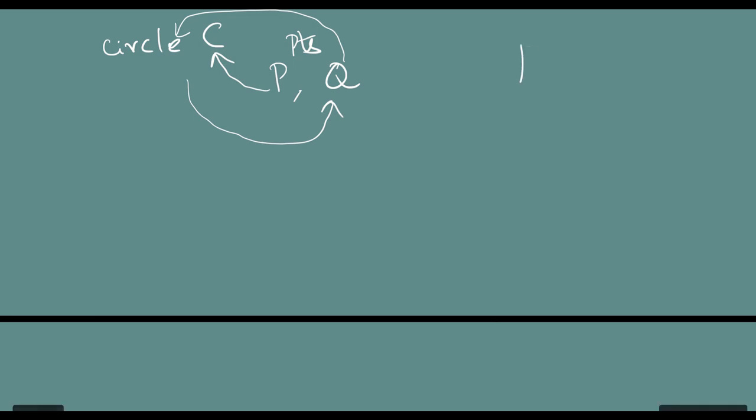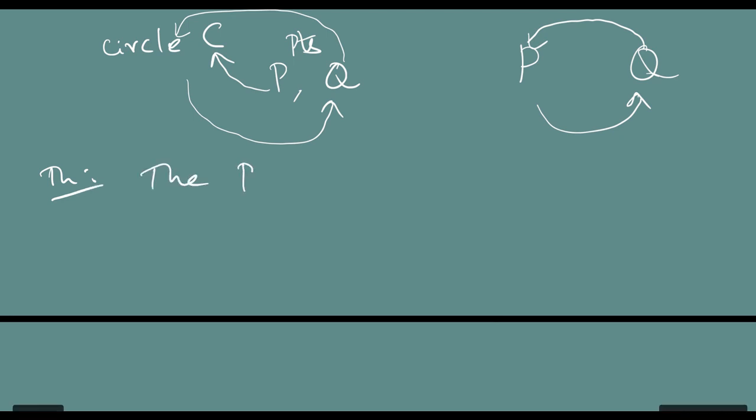Now we are going to prove a theorem that if the polar of P passes through Q, then the polar of Q will automatically pass through P. That is what we are going to prove. Once we prove that, next time to show that two points are conjugate points, it is enough if we show that the polar of one point passes through the other. Okay, let us first prove the theorem. What is the theorem?